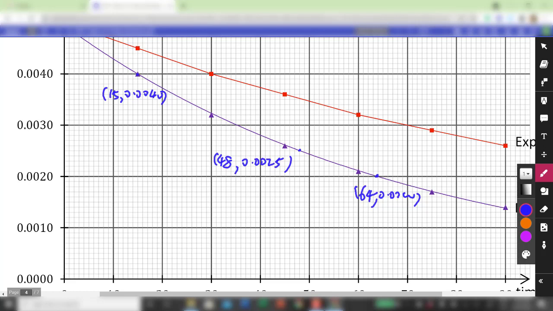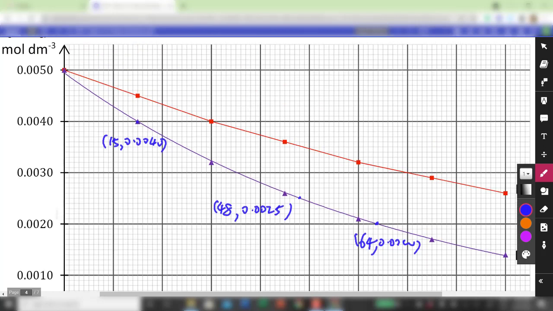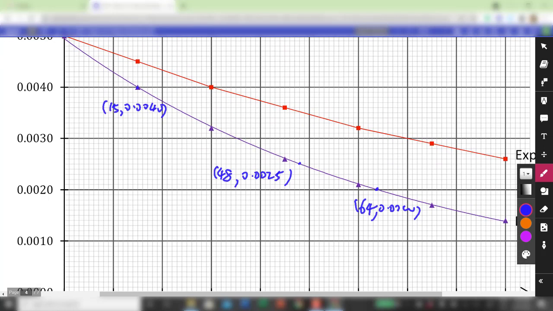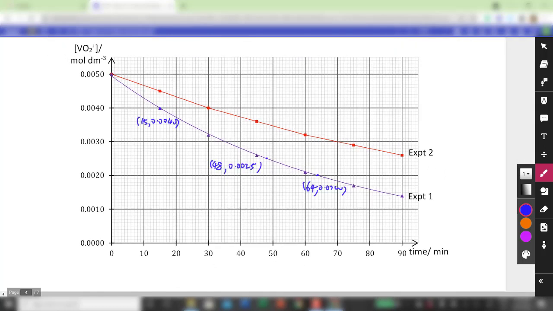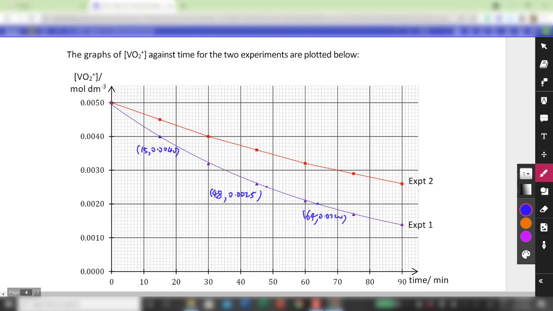And then we have from 0.005 to 0.0025, that's 48. So the half-life is approximately constant at about 48.5 minutes. So in this case, we are looking at first order kinetics for experiment 1.